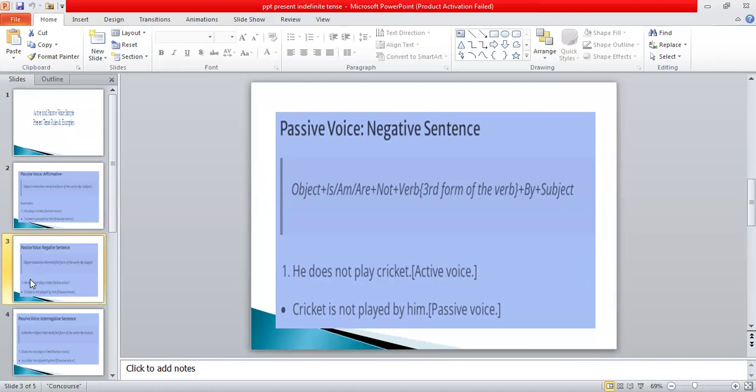He is the subject, does not is the helping verb, play is another active verb and cricket is the object. When you change it into passive voice, cricket will come in the beginning of the sentence, then is not played by him. So in this way, you can make a negative sentence of the passive voice.